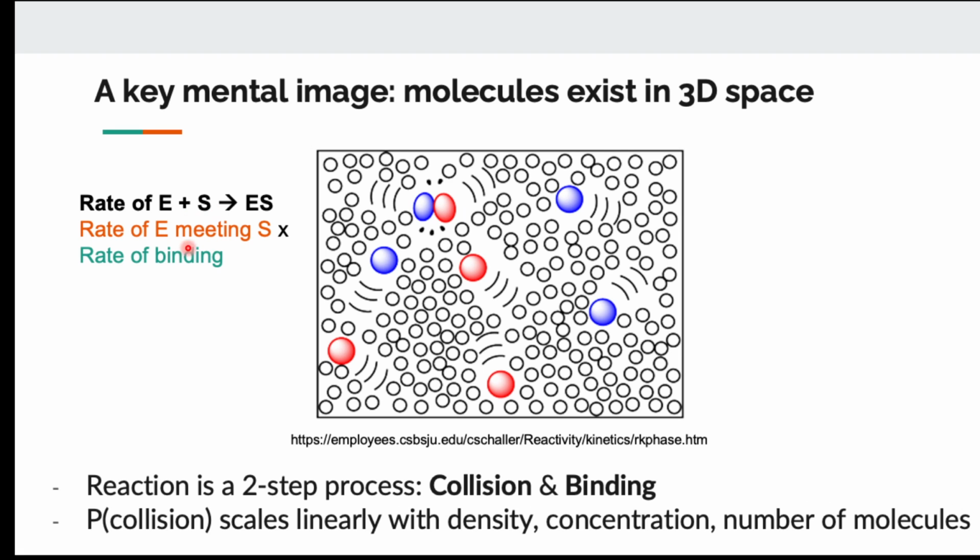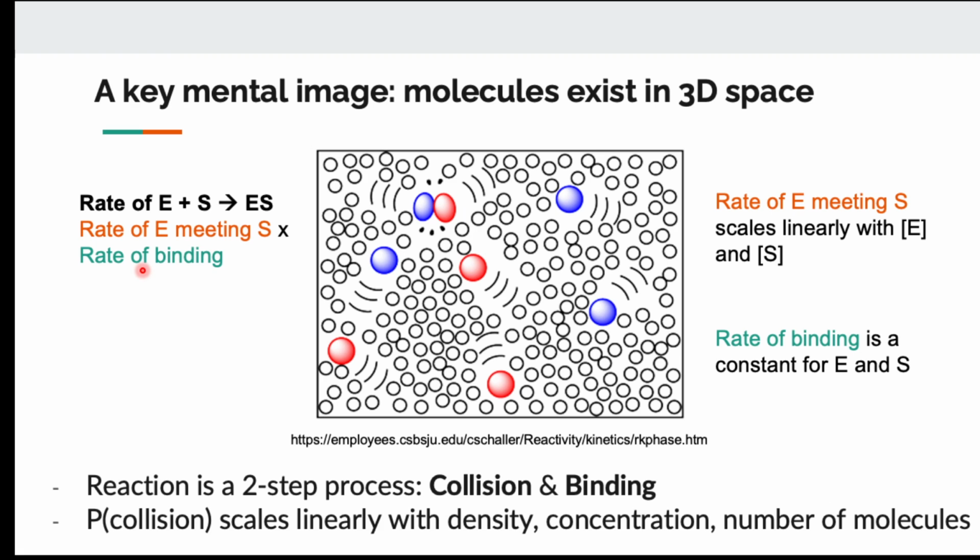That term represents the probability that the enzyme and the substrate molecules will meet each other, will collide with each other. And then it is multiplied by the binding constant, or the association constant. So these two physical processes together give us this formula, that the rate of formation of the complex has to be of this form.